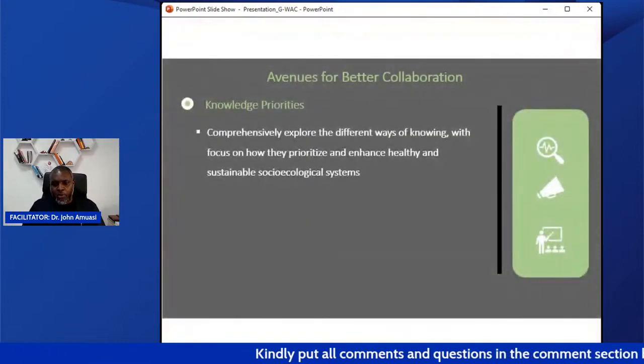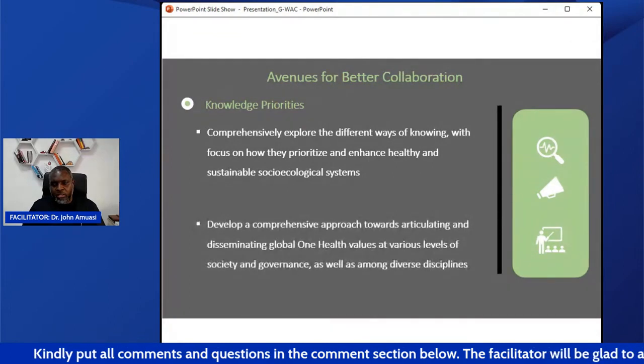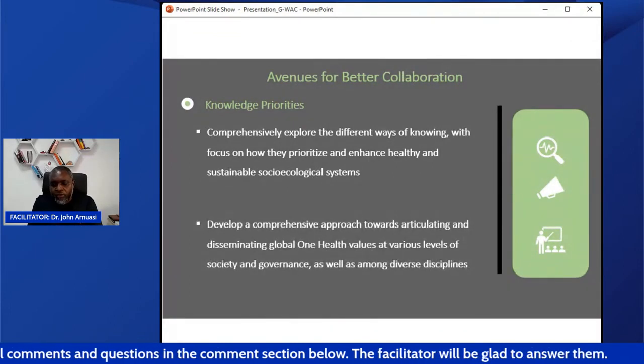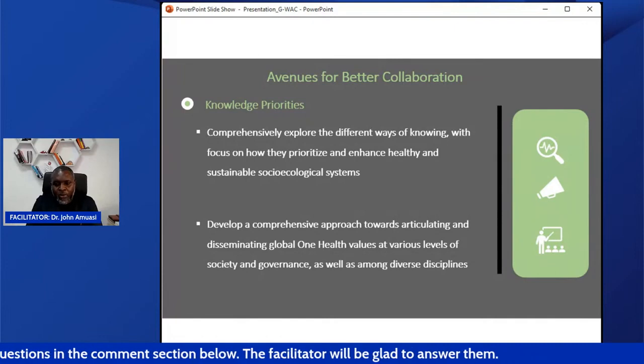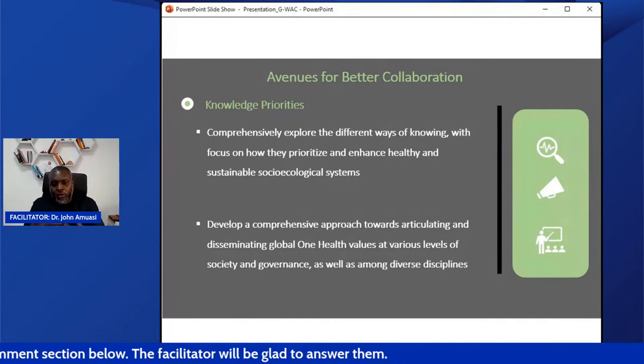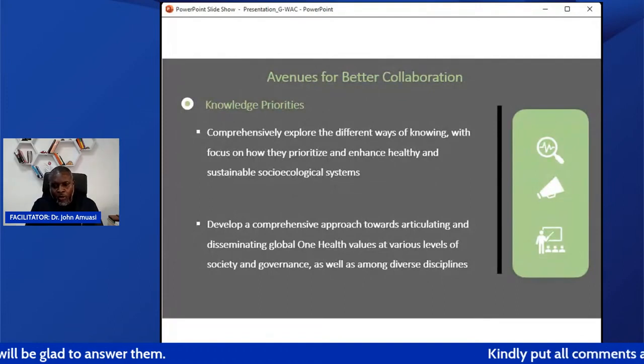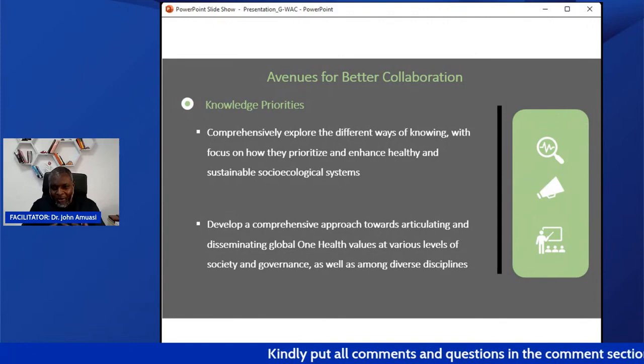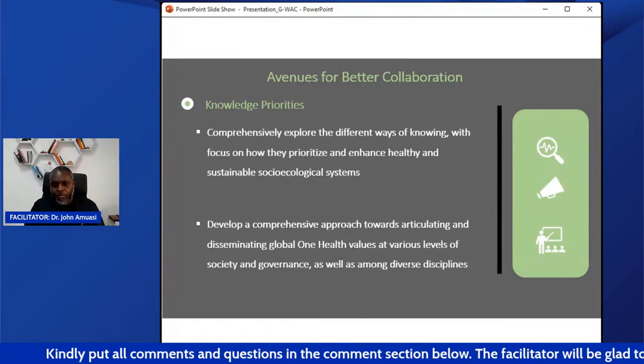And then finally, the knowledge priorities. If we're able to inculcate this understanding of the need for collaboration in One Health right at the basic level of education, it will go a long way in the future for One Health to be recognized de facto for everybody.